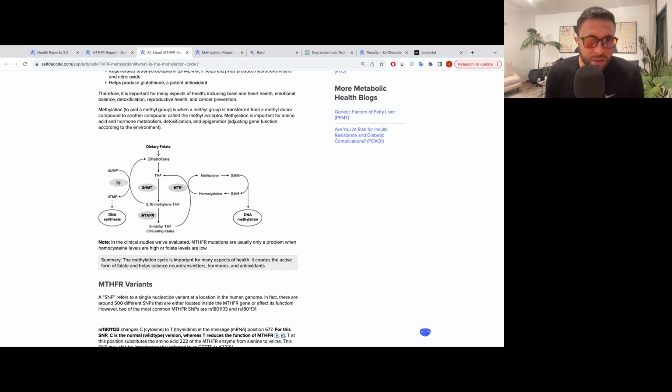So it seems like there are negatives to having higher levels of synthetic folate, whereas that doesn't seem to be the case with methylfolate. Again, there's not a lot of research on the topic, so nothing is very conclusive. It's just what the latest information shows. Now, MTHFR is used to convert the synthetic folate into this more active folate that the body can use.